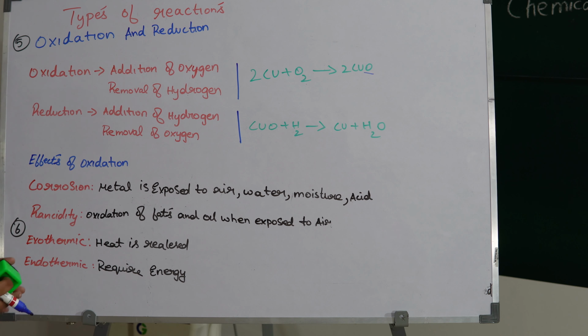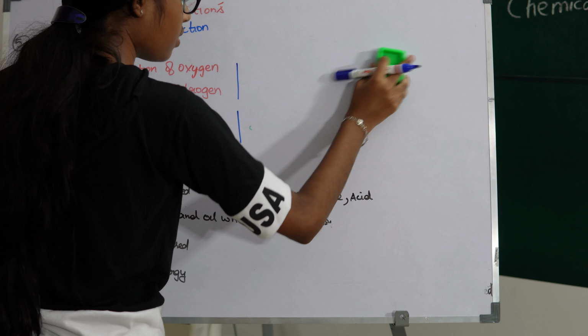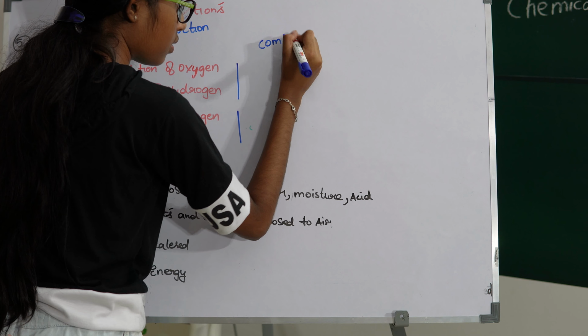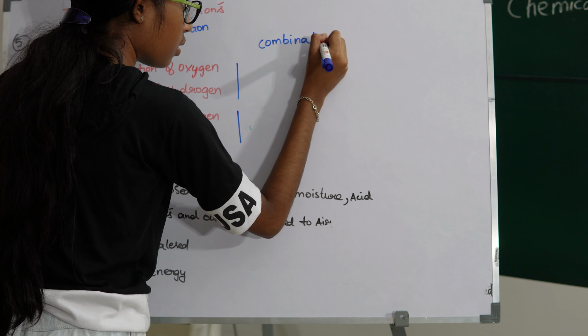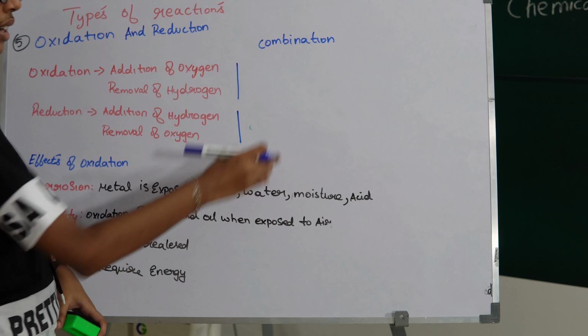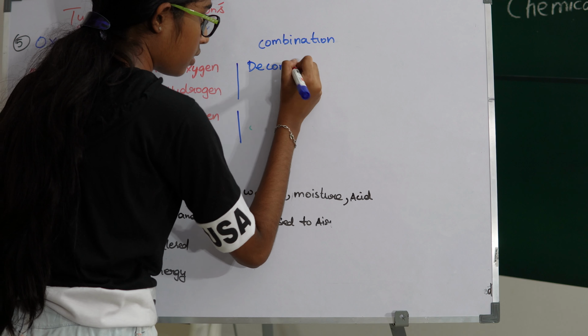So let's recap all the types of reaction. First is the combination. One or two reactants form a single product. It's called combination. Next is decomposition.